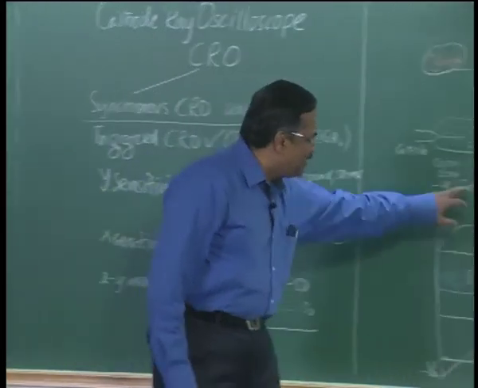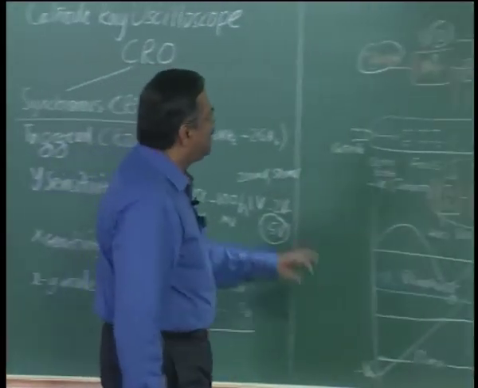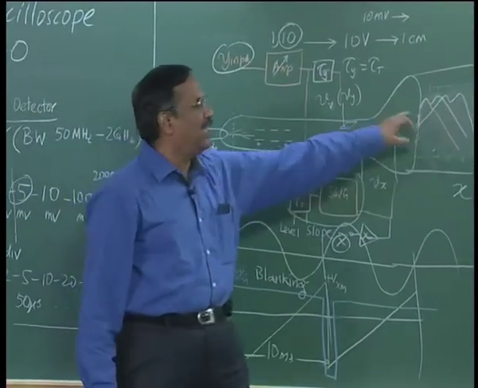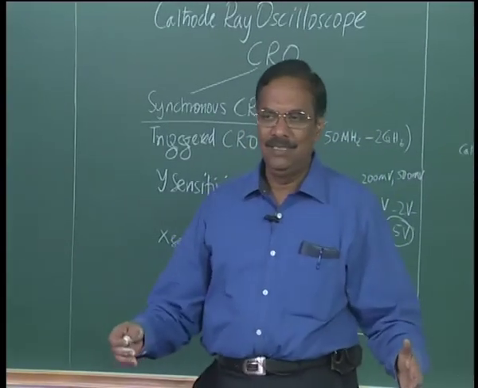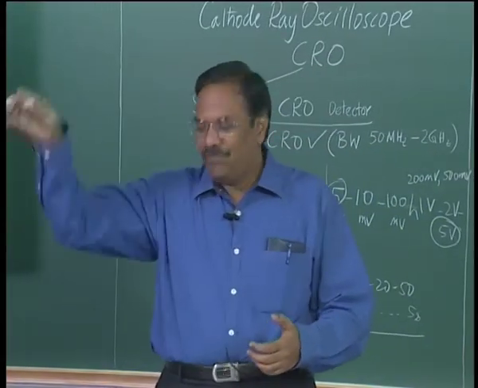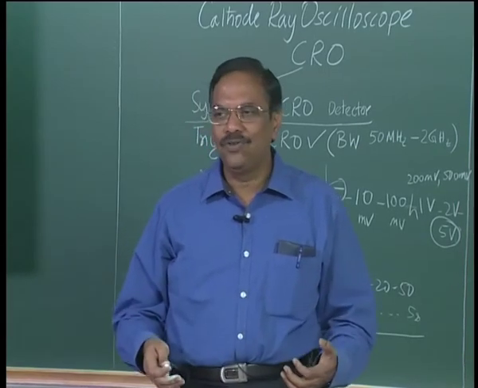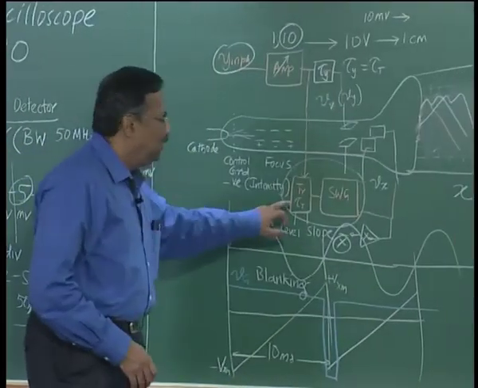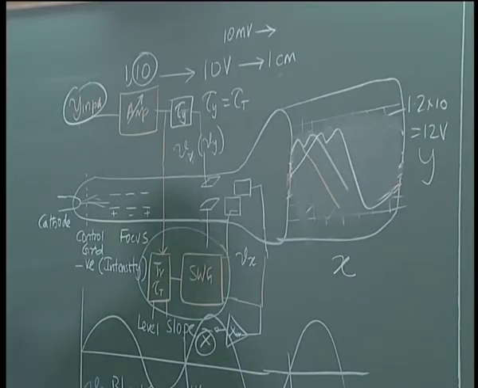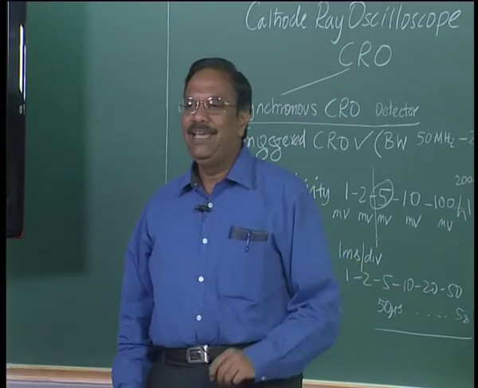Similarly, for my trigger circuit, I may generate the trigger from my Y input itself, so that I can see a waveform, or if I have my circuit and I have several points on which I want to look at the waveform, I would like to trigger the oscilloscope with respect to a reference signal, not my Y input, but some other input from my circuit which tells me that is my reference signal.